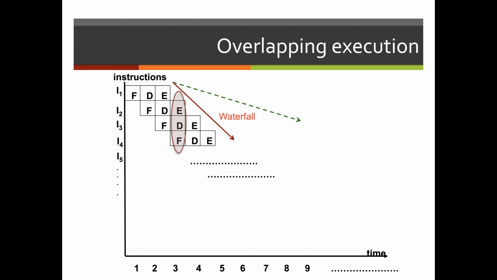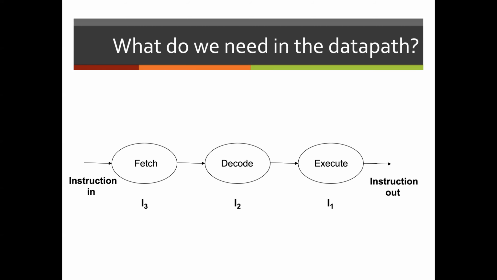And so what will we need in our data path in order to make this a reality? We know that our data path is going to consist of fetch, decode, and execute. And execute could have various operations that are involved, right?